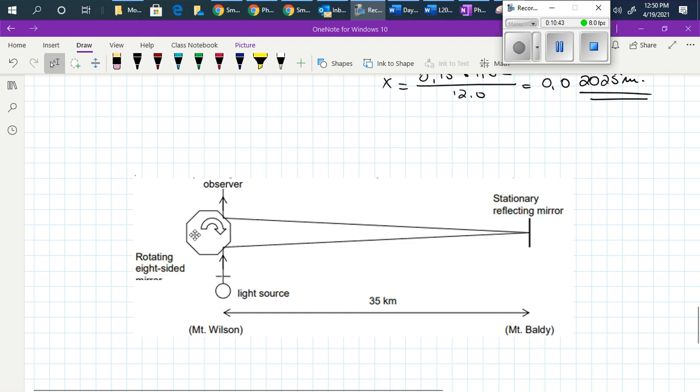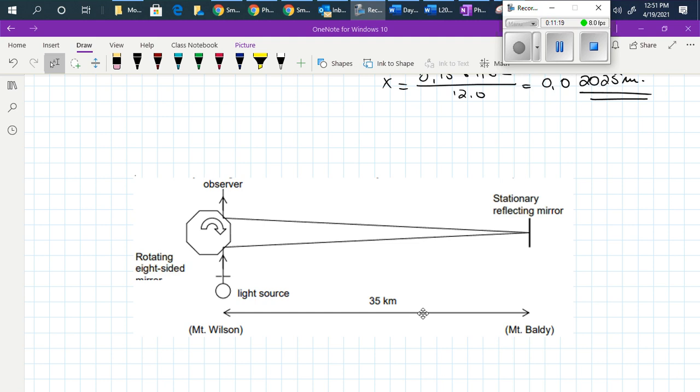Here we have a sided mirror, and the sided mirror that we have here has 8 sides. What was happening is that light coming from Mount Wilson was hitting one of the sides, and in another place, Mount Baldy, 35 kilometers away, there were some stationary reflective mirrors.